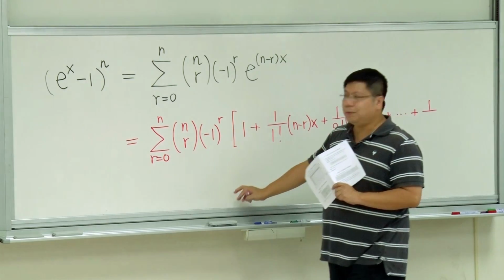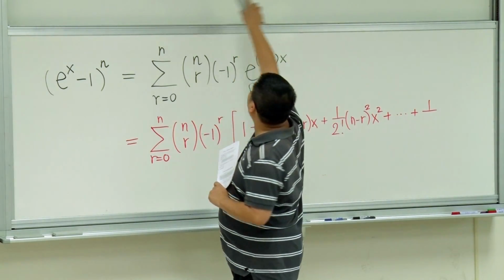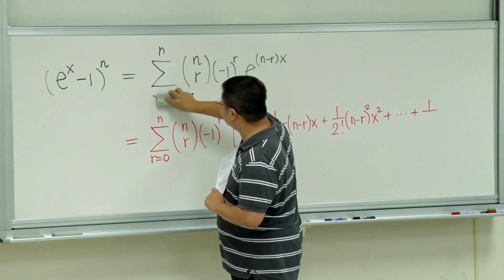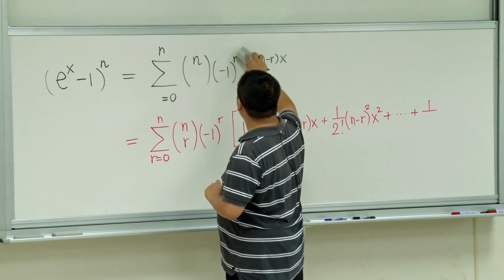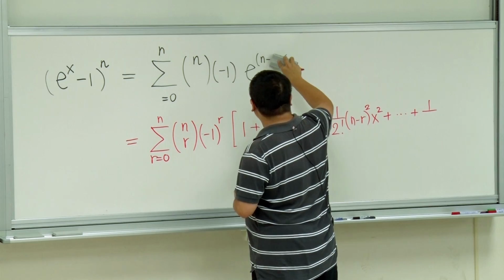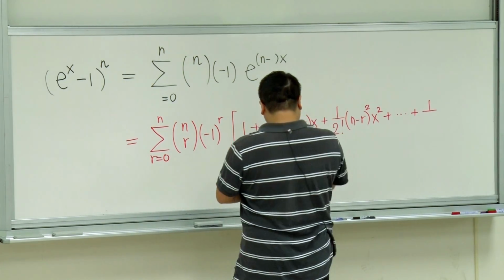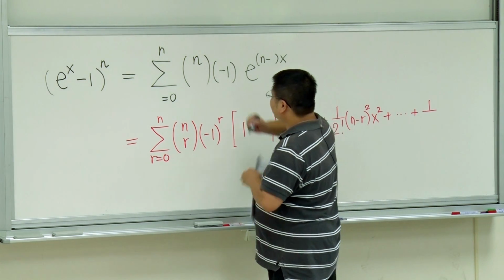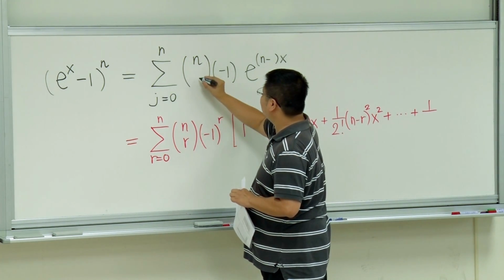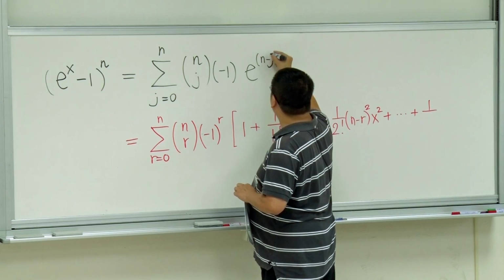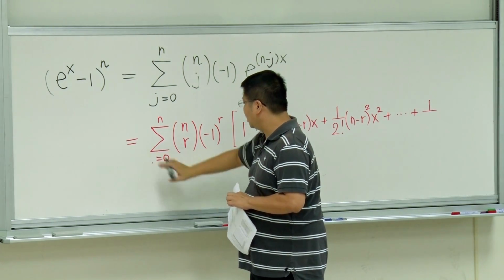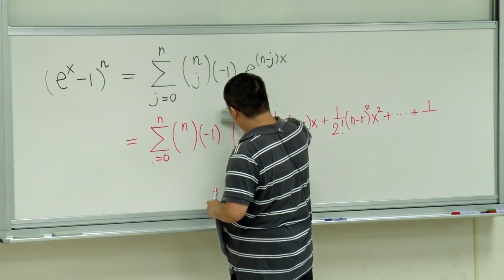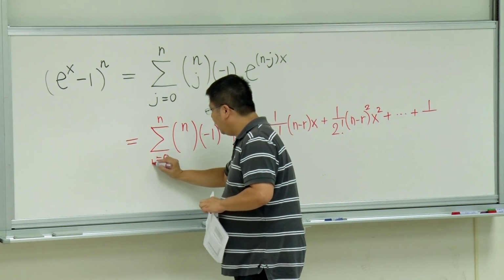Let me reuse the symbol. So r is the one that we want to associate with x. So let me change the symbol a little bit. So sorry about this. So let's change it to j rather than r. Is that okay? So this is j, and n choose j.